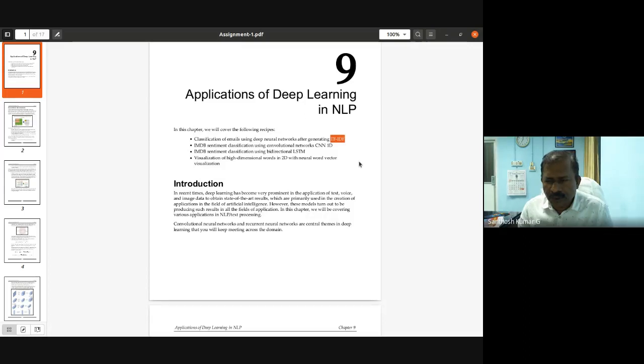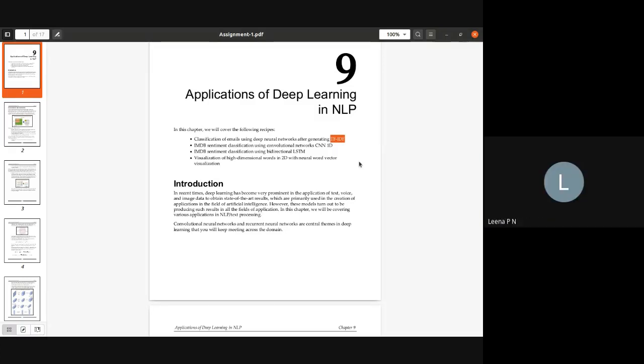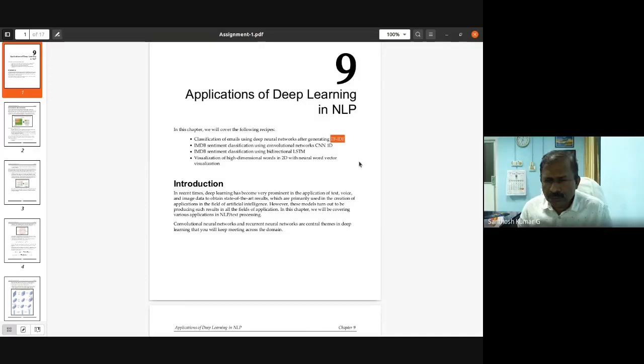Term frequency, inverse document frequency. Term frequency: how many times a term appears in a document? So it's basically an indexing kind of scheme, right?